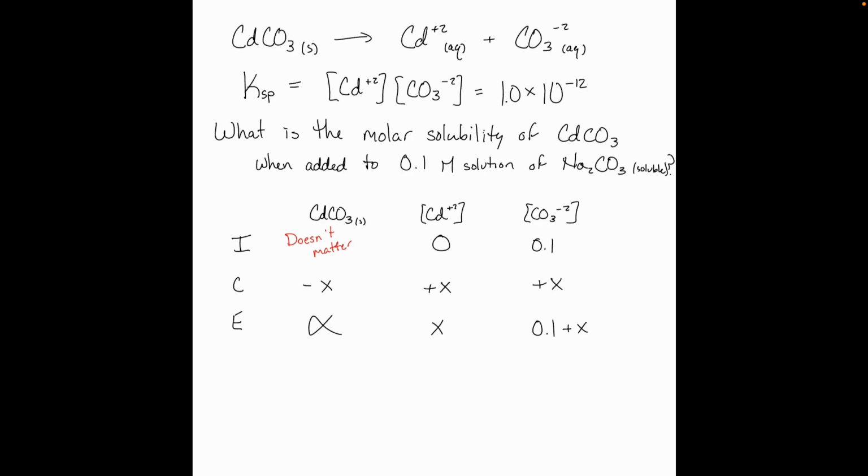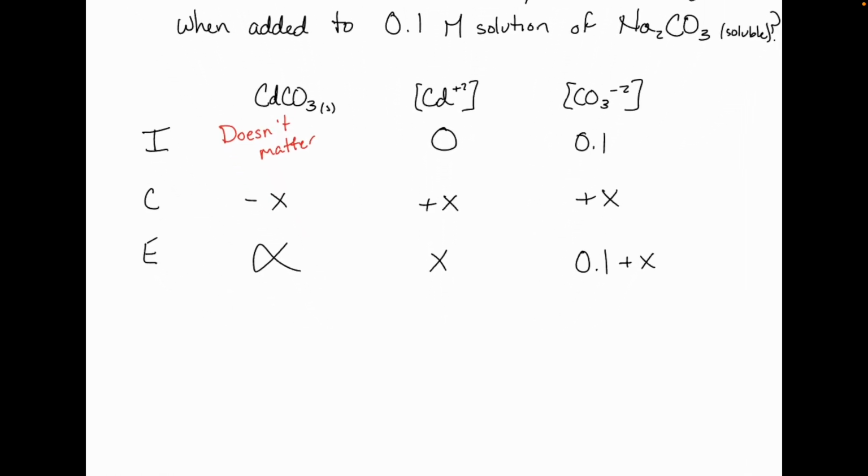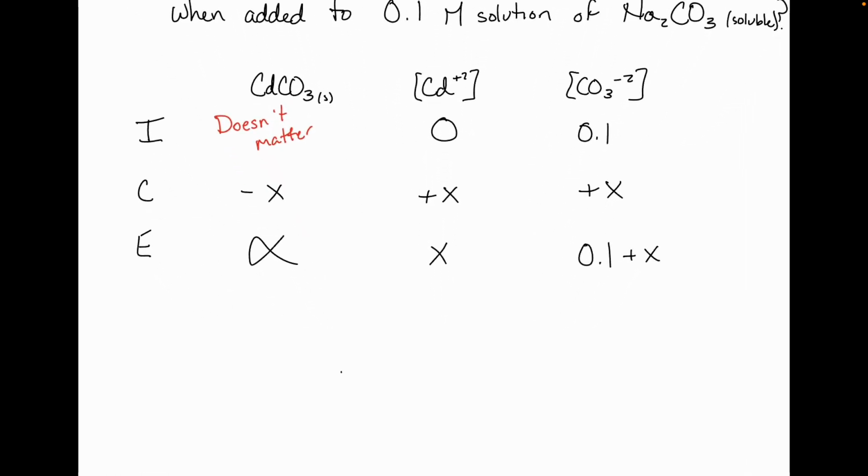I'm again going to take these equilibrium values, plug them back into my KSP expression. So I get X times 0.1 plus X equals that KSP value.